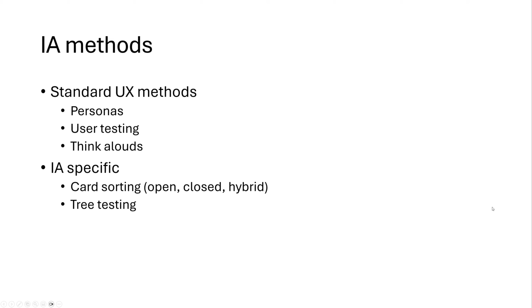Now, IA methods specifically. Because it's an abstract, kind of ever-going concept, every method really can apply in some sense, but the main ones will use standard UX methods like personas, user testing, and think alouds.